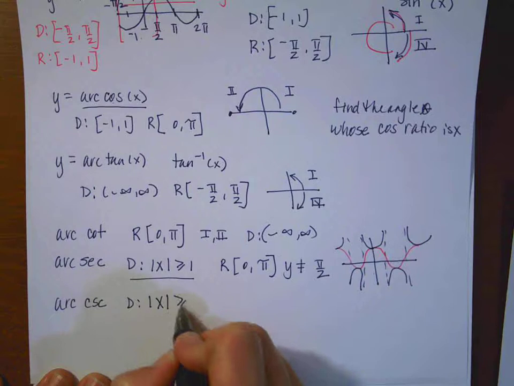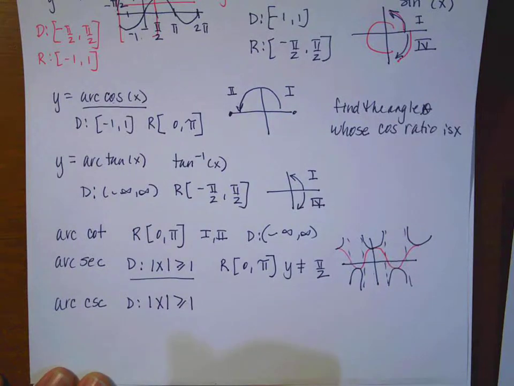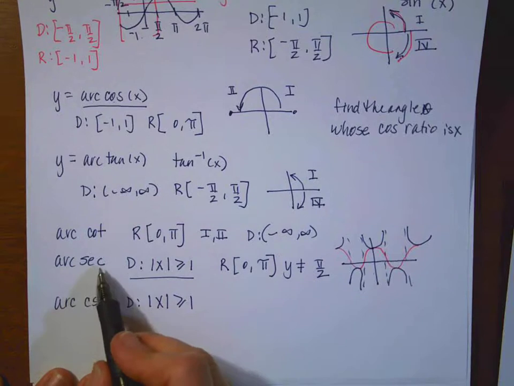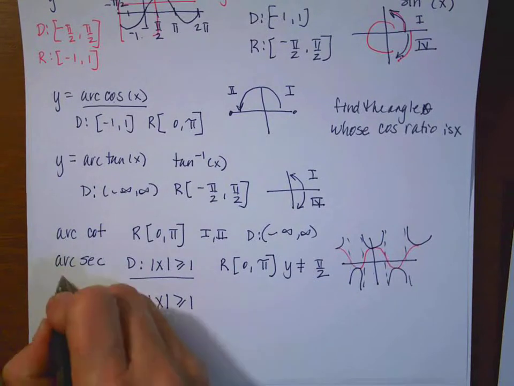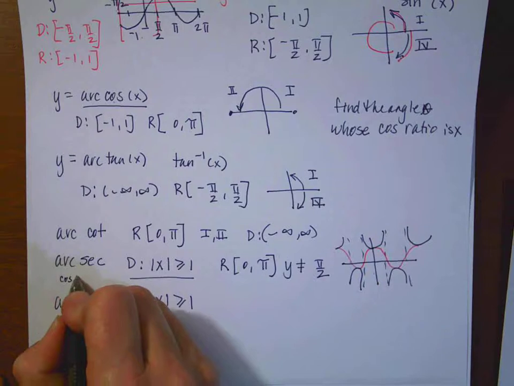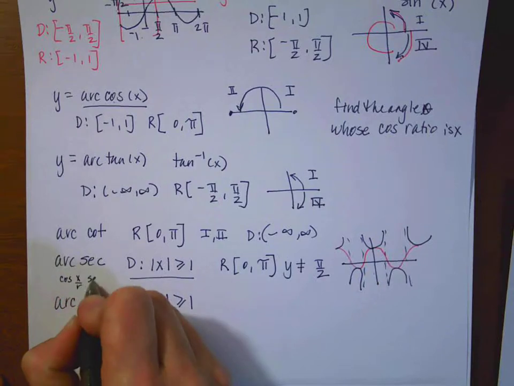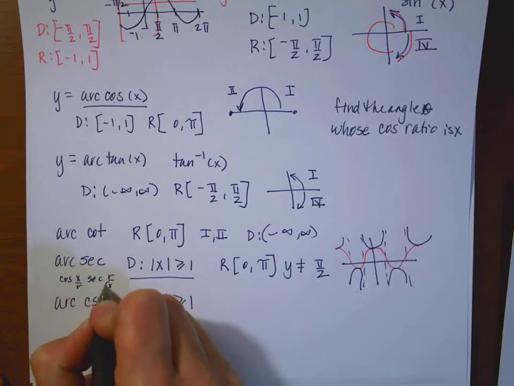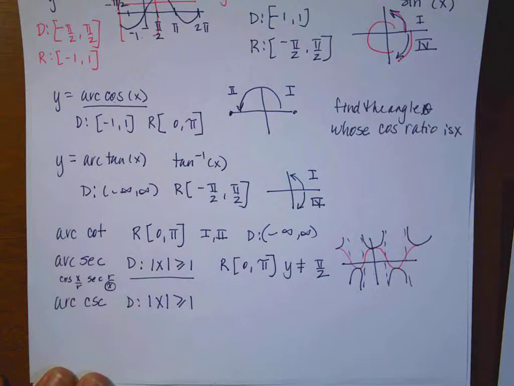So then the same thing would happen for cosecant because the graph looks virtually the same. It has different vertical asymptotes. And remember, if secant is the reciprocal of cosine, and if cosine is x over r, then that means secant is r over x. It means that the x's can't be 0, right?